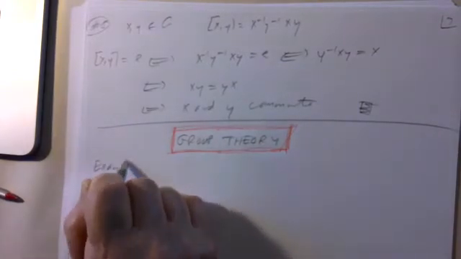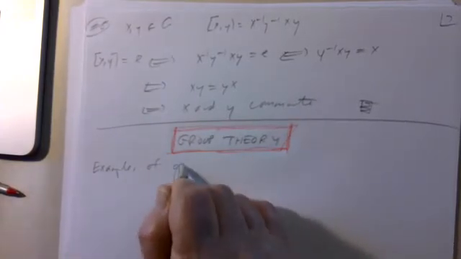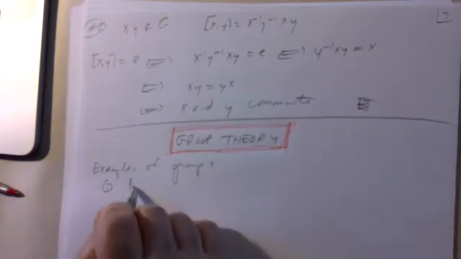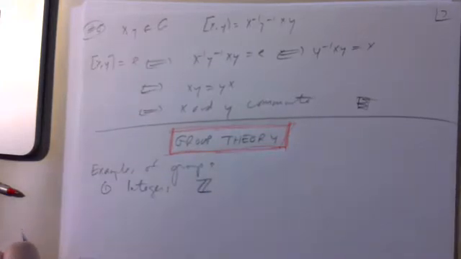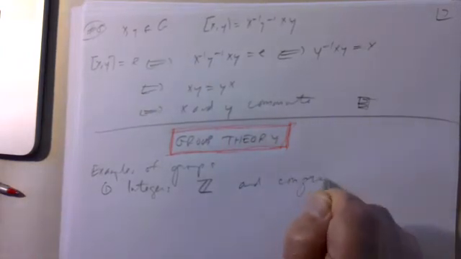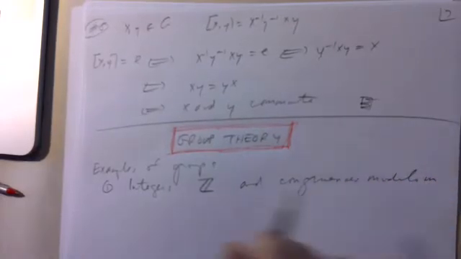So we've looked at 3 important examples of groups. First, we had the integers, Z, and congruences modulo M.